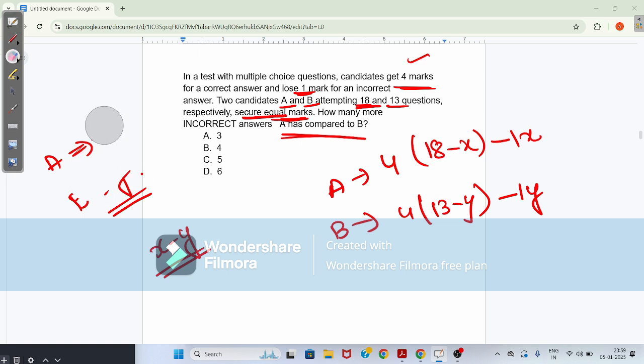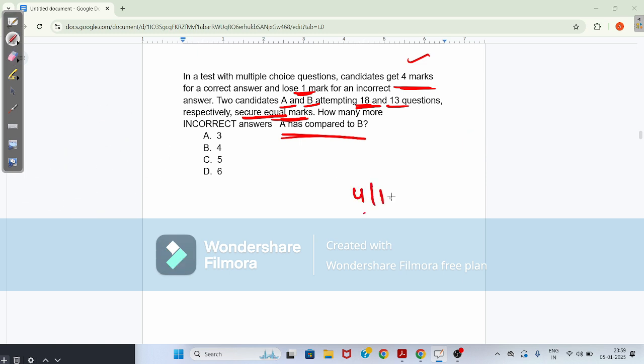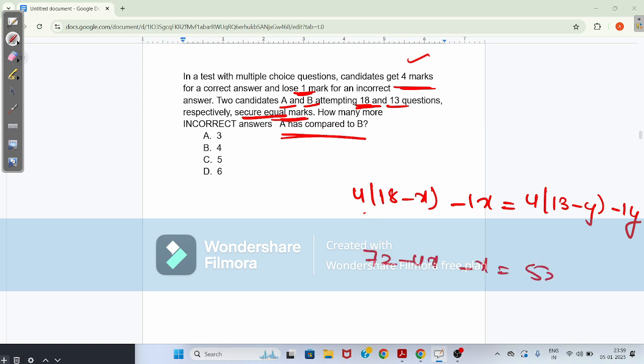What will you get? 4 into x minus 1 into (18 minus x) equals 4 into y minus 1 into (13 minus y) here. When you calculate this value, 72 minus 4x minus x gives the value 52 minus 4y minus y. So 72 minus 5x equals 52 minus 5y here.